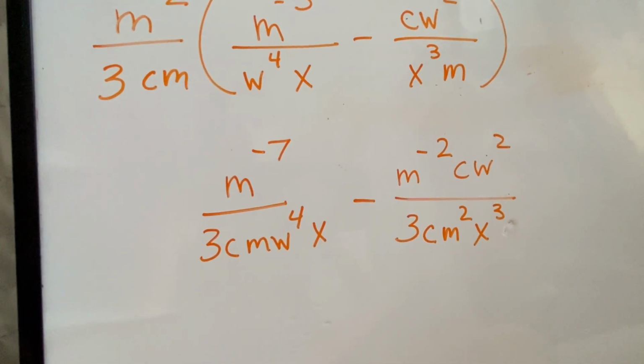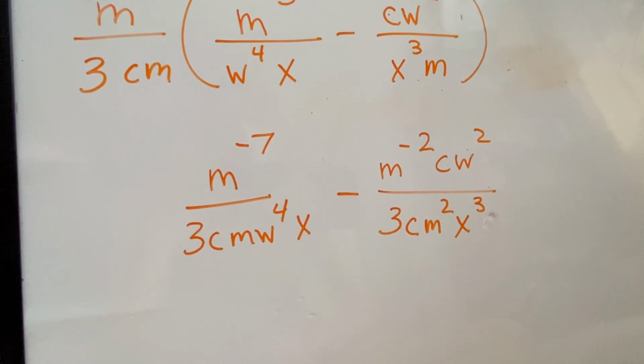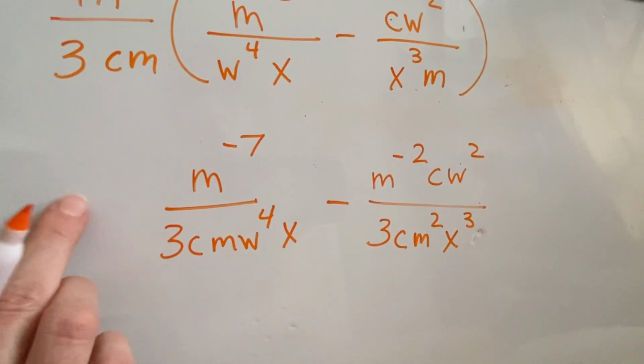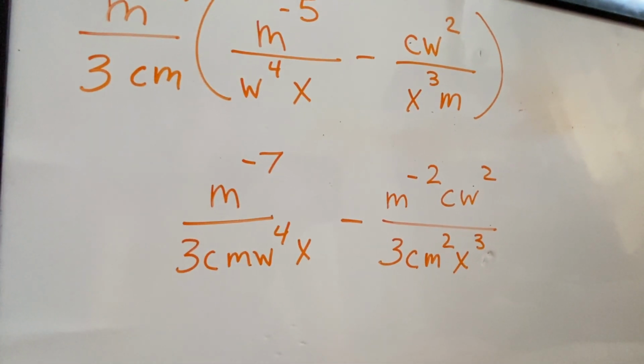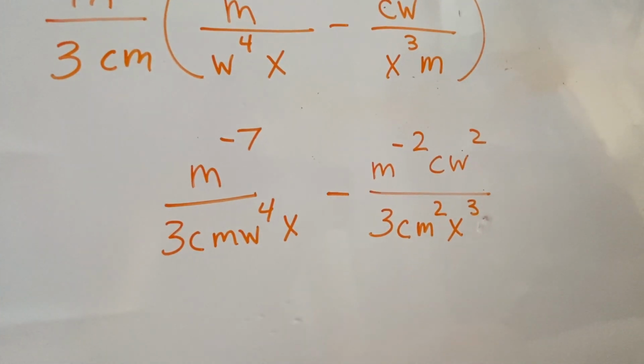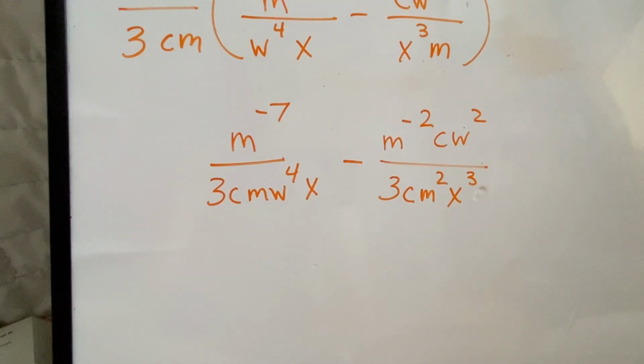All right, now let's move all of our exponents up to the top, because that's what they want. They want all variables in the numerator, so we're going to push those up to the top, okay?